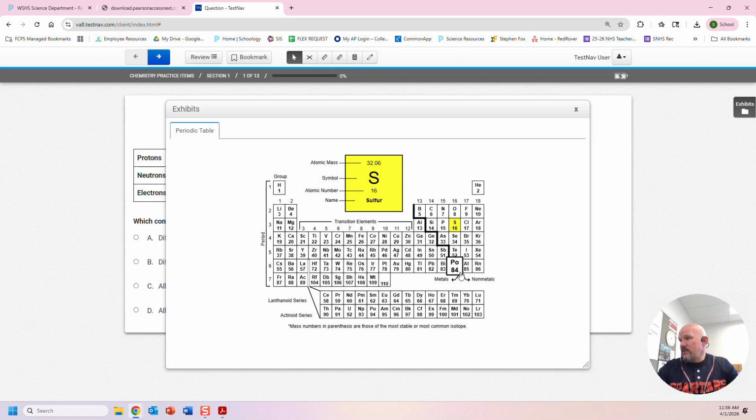You get that bold staircase telling you we've got metal elements this way and non-metal elements this way. So we've got the transition elements, the lanthanide and actinide series and all that good stuff. But just understand that you might have to do some hunting. You're not going to need to reference the periodic table for every question, but remember you have it.